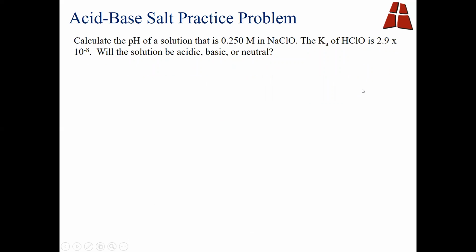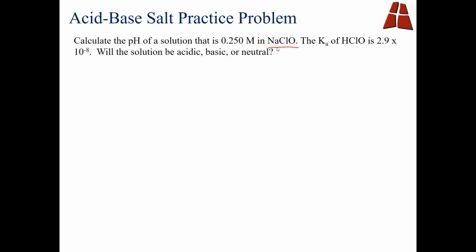So this is a problem that was pretty similar to ones we talked about last class, because I think this is an important concept for you to get. So I will do another practice problem here where we're asked to calculate the pH of a solution that is 0.25 molar in sodium hypochlorite, NaClO.